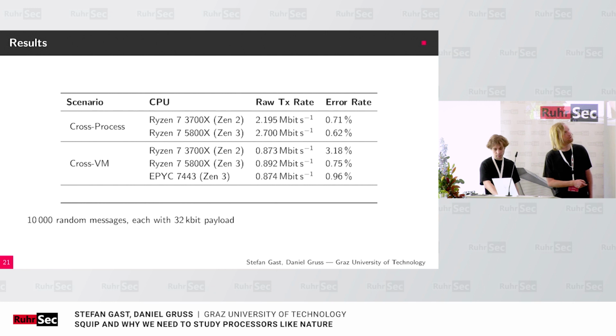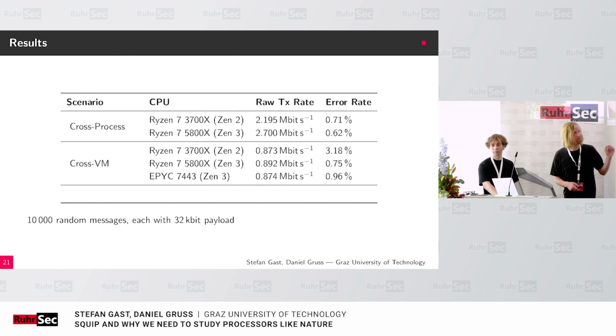In the cross-process case we are at 2.7 megabits per second. In the cross-VM setting, it's a little bit more difficult because we have more noise due to virtualization overhead, and we also don't have the RDTSC instruction and so on.